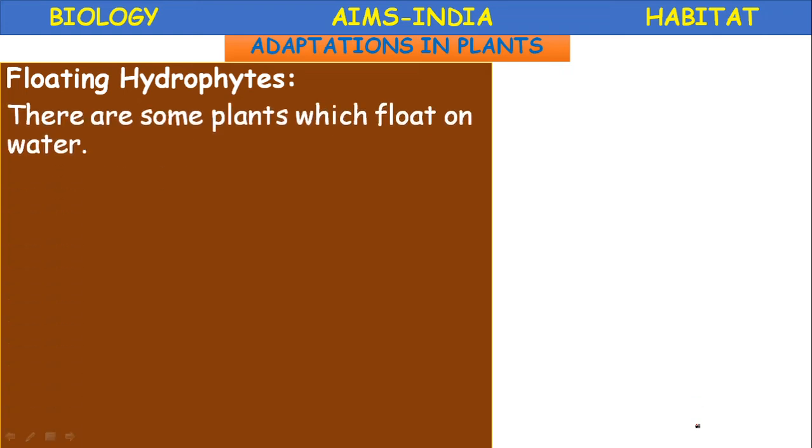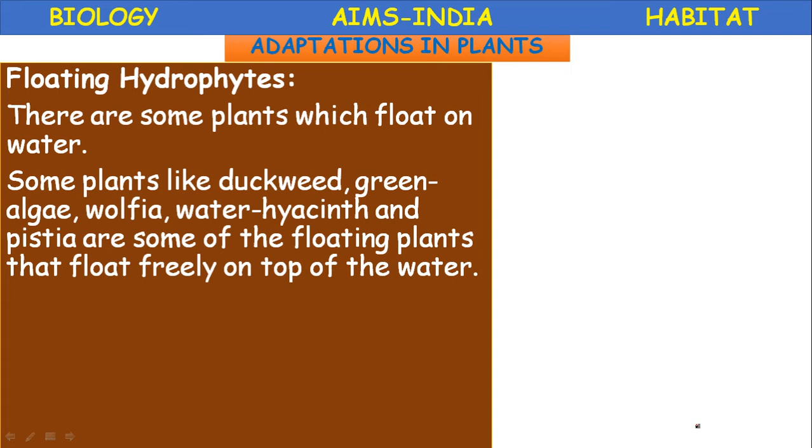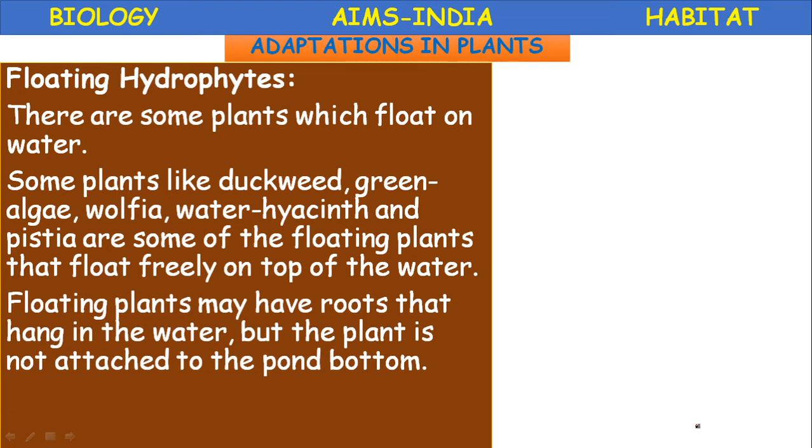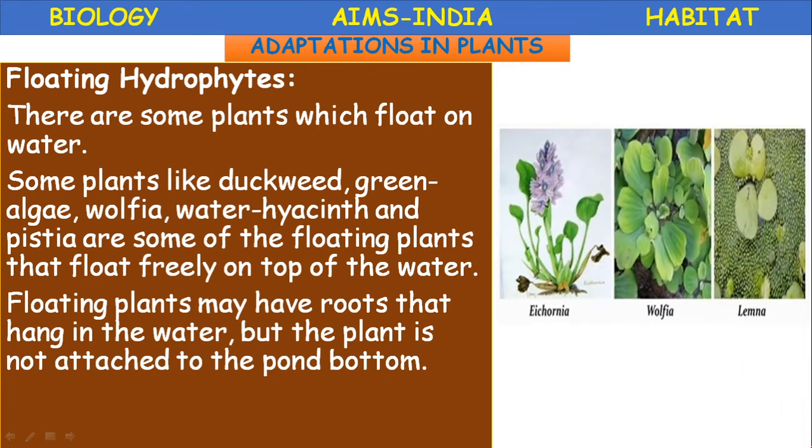Some plants like duckweed, green alga, Eichhornia, water hyacinth, and Pistia are some of the floating plants that float freely on the top of the water. The floating plants may have roots that hang in the water, but the plant is not attached to the pond bottom. So see here, Eichhornia, Pistia, Lemna. These are some of the floating hydrophytes.